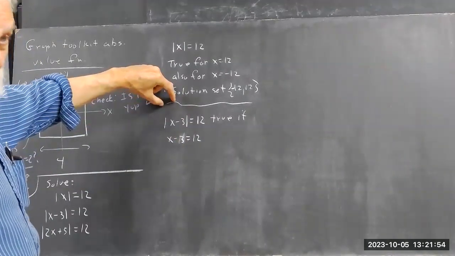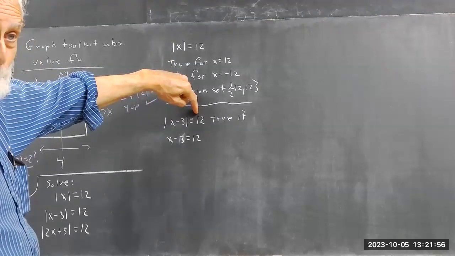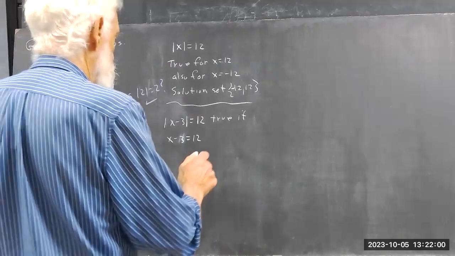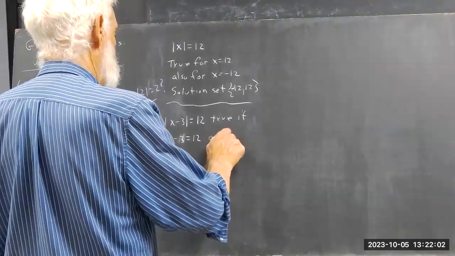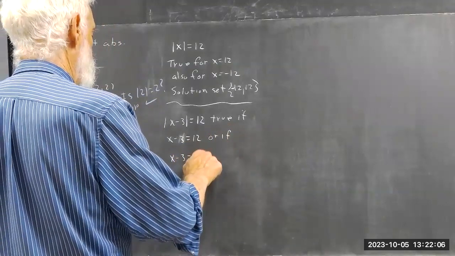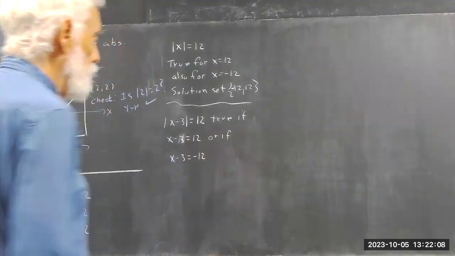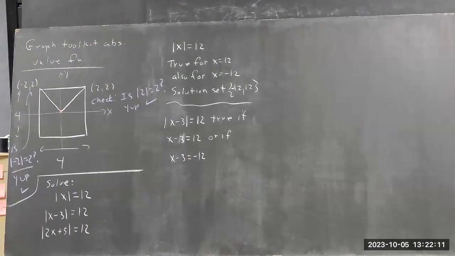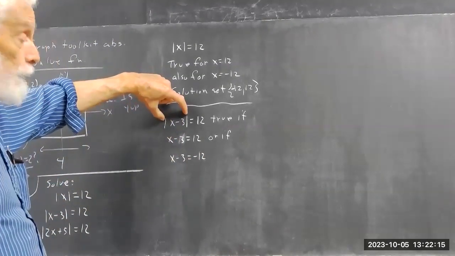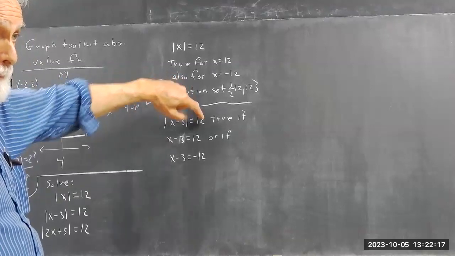Because x minus 3 is 12, the absolute value of 12 is 12, right? Or if x minus 3 equals negative 12. Because if x minus 3 is negative 12, you have the absolute value of negative 12, which is 12.